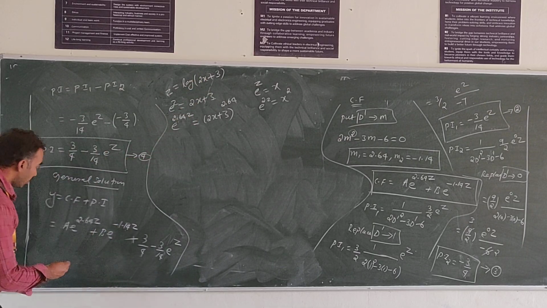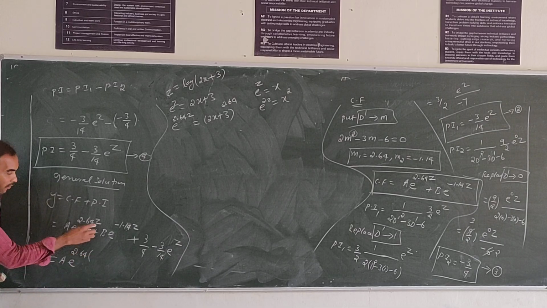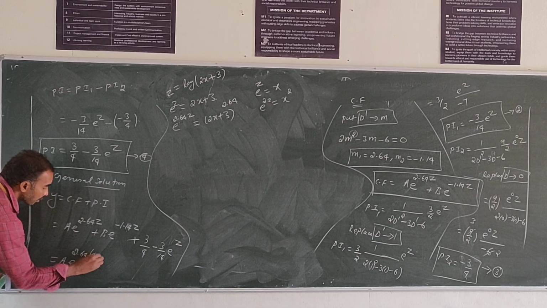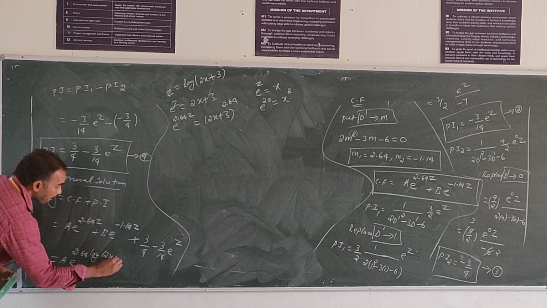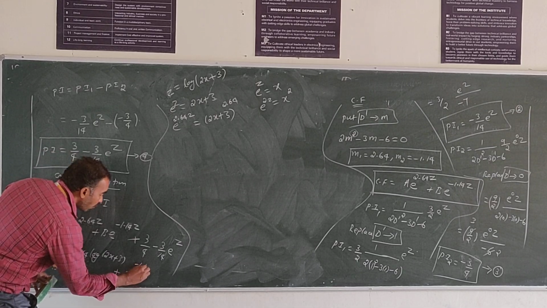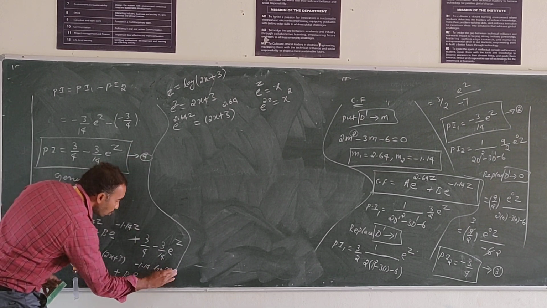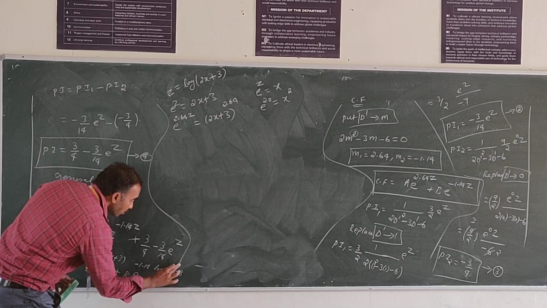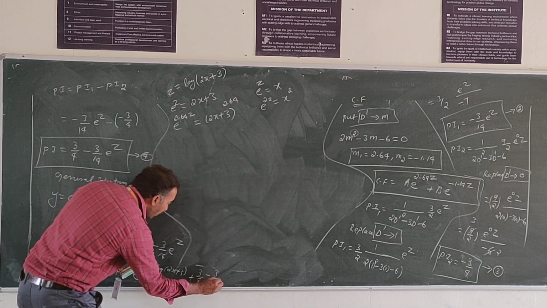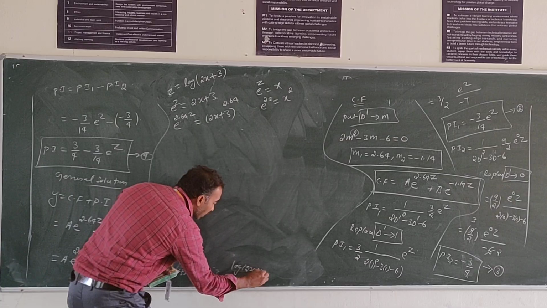So y equals a into e power 2.64, instead of z we apply log 2x plus 3, plus b e power minus 1.14, instead of z we apply log 2x plus 3, plus 3 by 4 minus 3 by 14 e power log 2x plus 3.